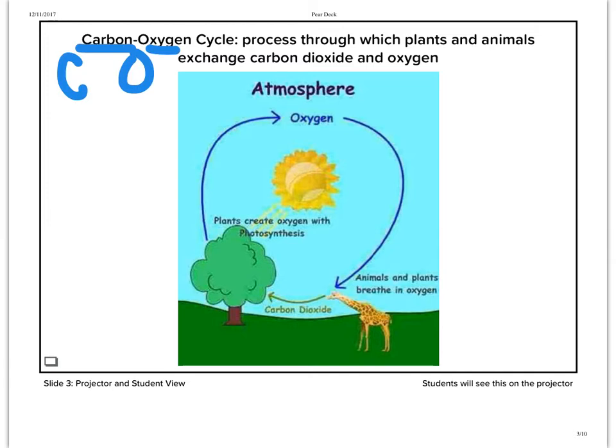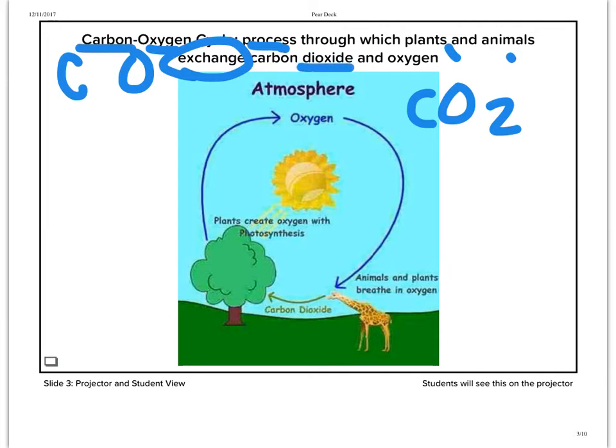The carbon-oxygen cycle is a process through which plants and animals exchange carbon dioxide and oxygen. Carbon dioxide you might see as CO2, okay? Carbon is the C, and then oxygen we have 2, which is why it's dioxide, so CO2 and oxygen. So the carbon-oxygen cycle is a process through which plants and animals exchange carbon dioxide and oxygen.